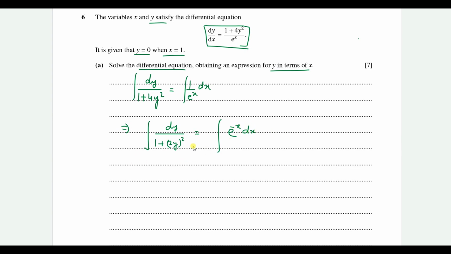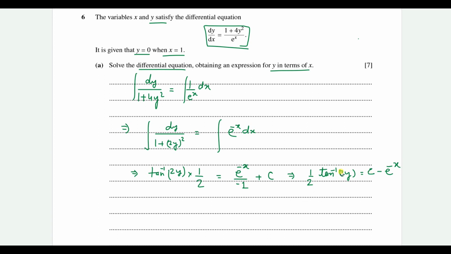When you integrate, it is of the type 1 plus x square, so it is going to be tan inverse 2y multiplied by 1 over the differentiation of 2y, that is 2, is equal to e raised to the power minus x upon minus 1 plus an arbitrary constant. Now we can rewrite it as 1 over 2 tan inverse 2y is equal to c minus e raised to the power minus x.